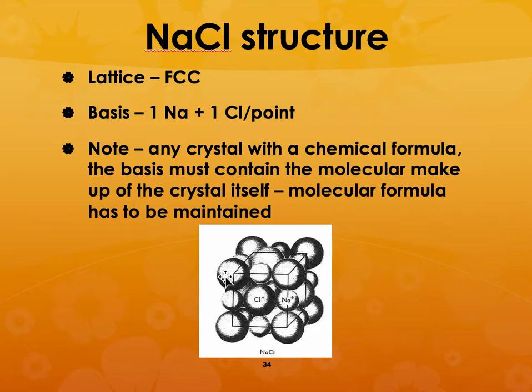Those are 2 interpenetrating FCC cells. The sodium and the chlorine are in the cell positions of each of those unit cells. So ultimately they will have a total of 4 basis groups for this one single unit cell.